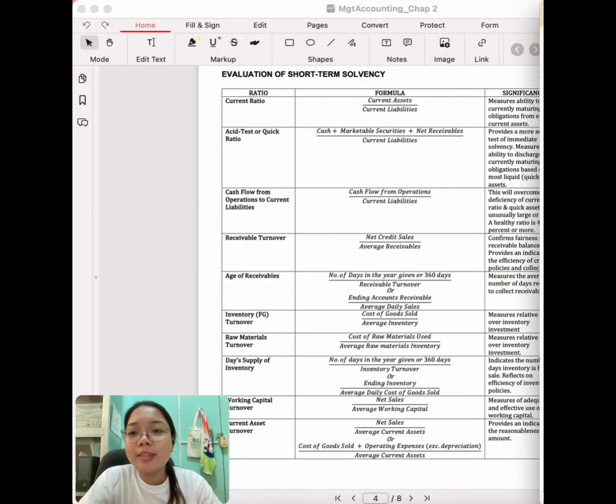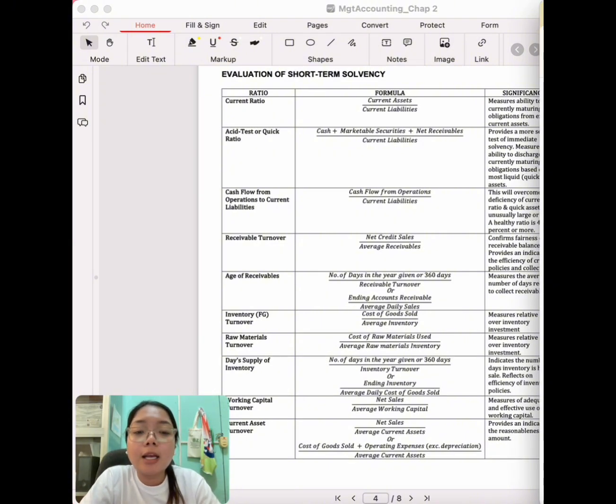Okay? And then we have the cash flow from operations to current liabilities. Yung formula naman nito, cash flow from operations divided by the current liabilities. So this ratio helps address situations where the current ratio or quick ratio may not give the complete picture.